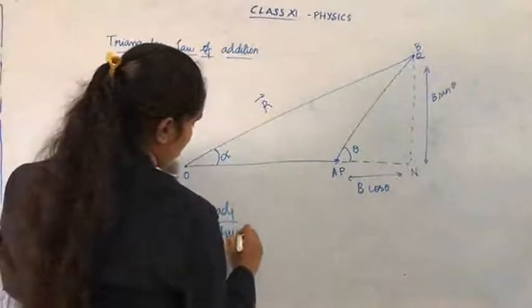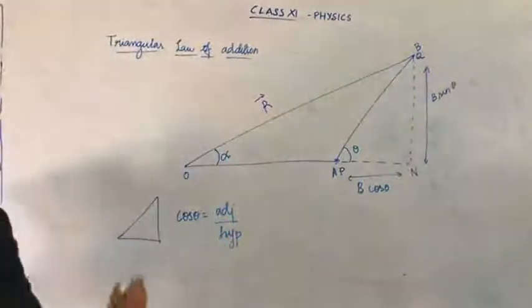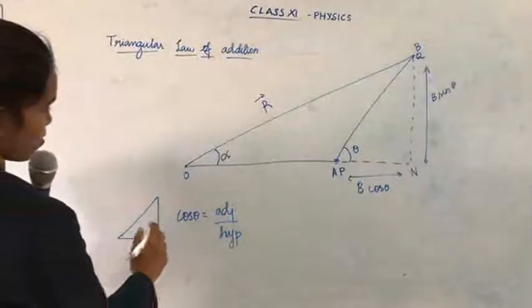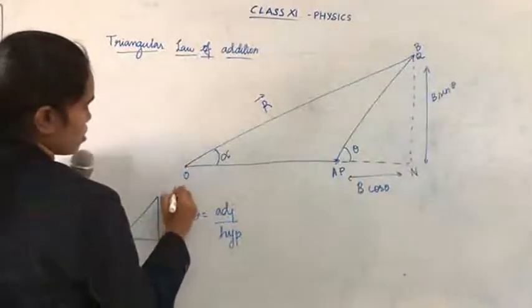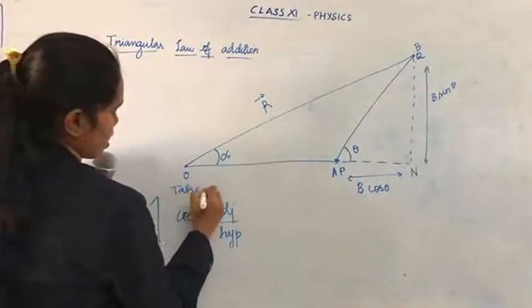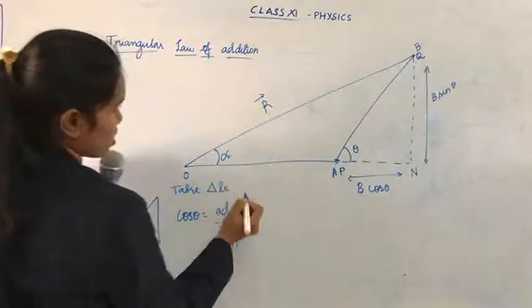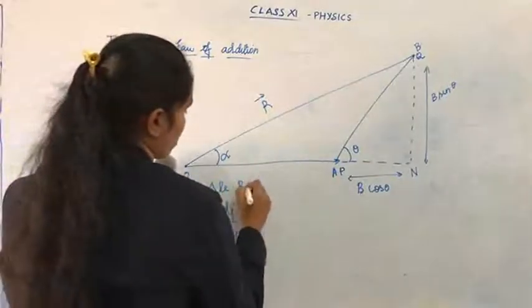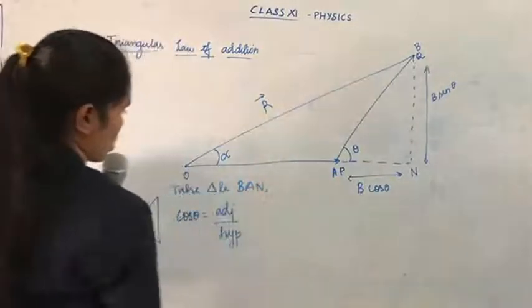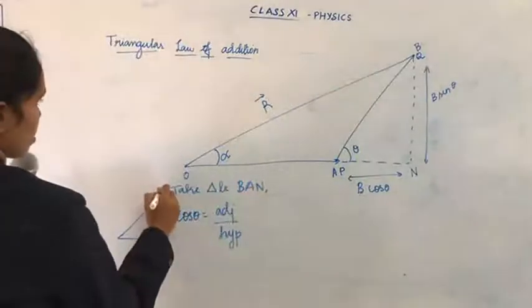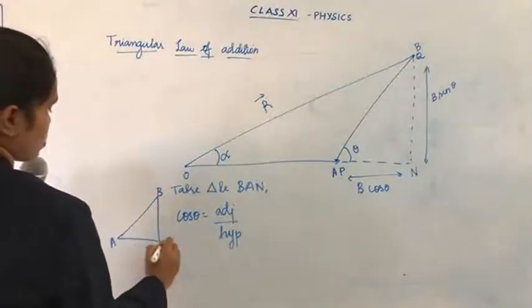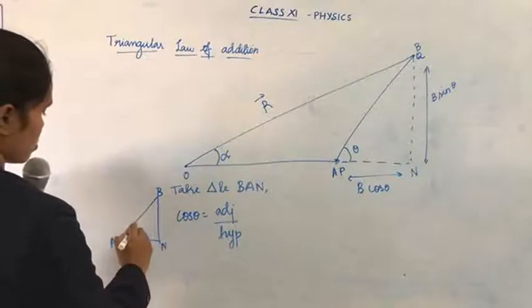Write the diagram here. Take triangle BAN. This is B. This is A. This is N. This is the theta.